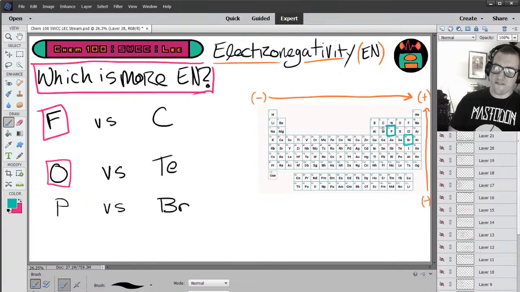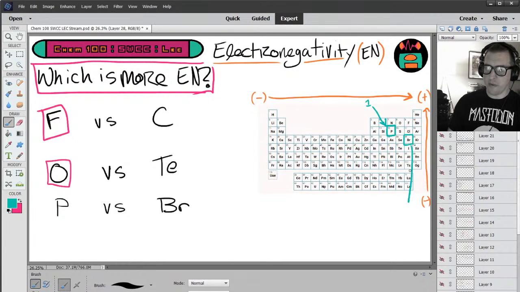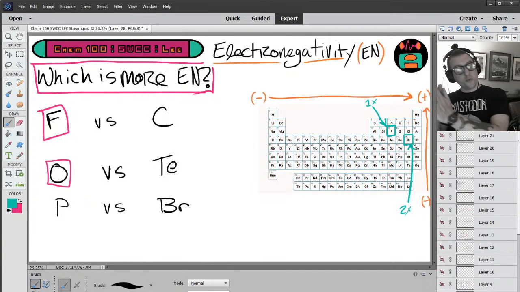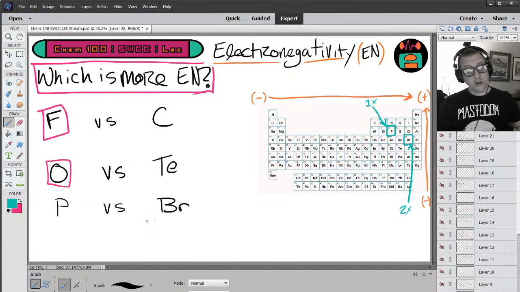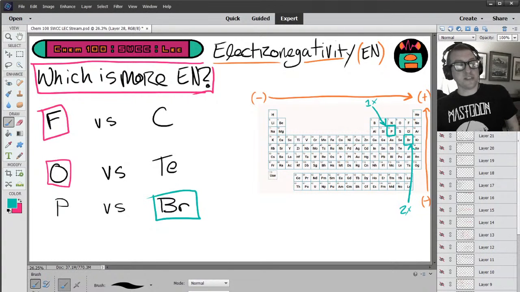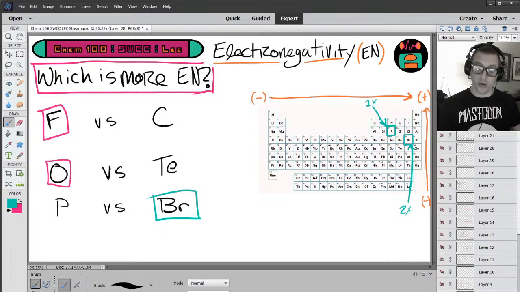You'll notice that phosphorus is 1 higher, but bromine is 2 further to the right. So we've got phosphorus 1 higher, bromine's 2 further to the right. Because bromine is 2 spaces over to the right, but phosphorus is only 1 higher, bromine is more electronegative. It's 2 spaces over as opposed to phosphorus's 1.